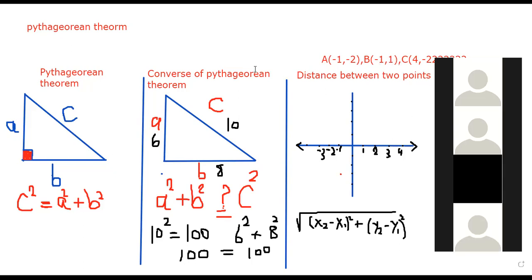So let's plot the points together. We will plot -1 and -2, so it will be here. After that, -1 and 1, and then 4 and -2. Then we will connect the points.